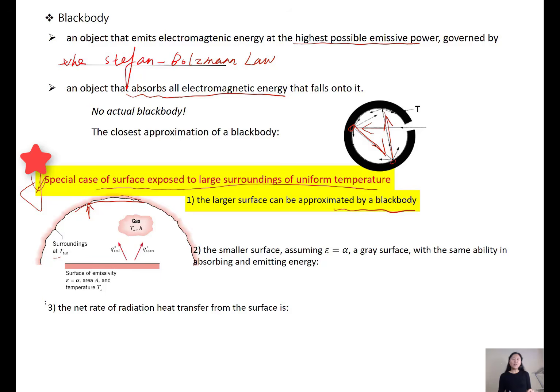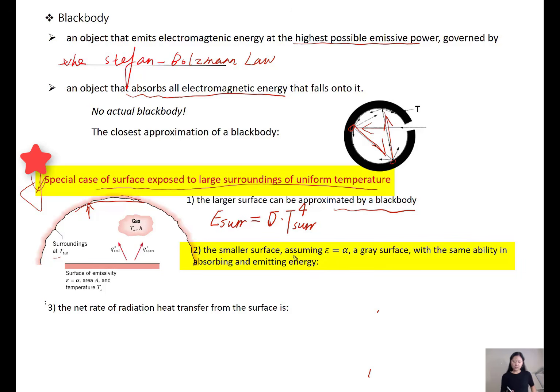So the emissive power from the larger surroundings can be treated by the Stefan-Boltzmann law. T_surr represents the temperature of the larger surroundings.